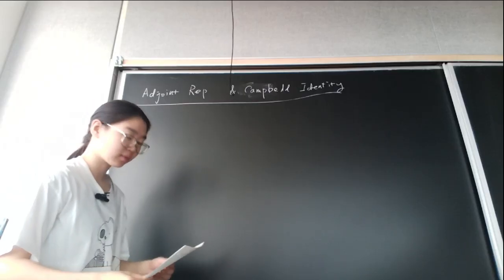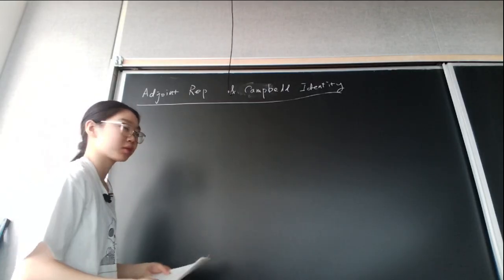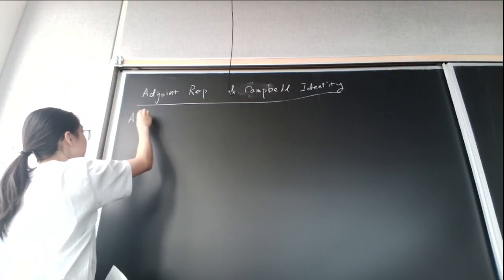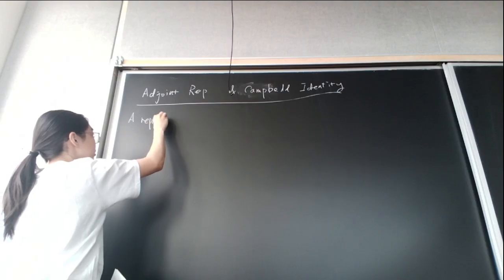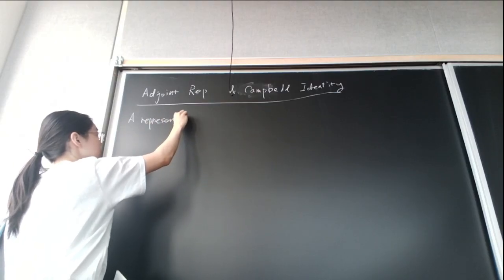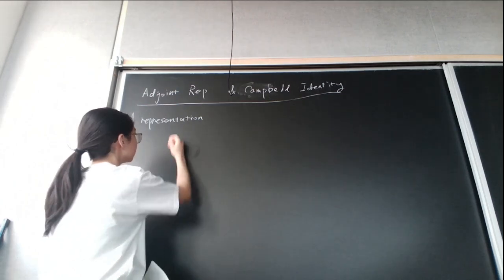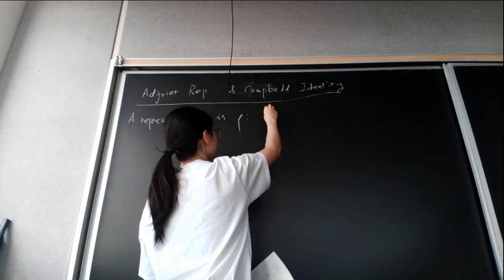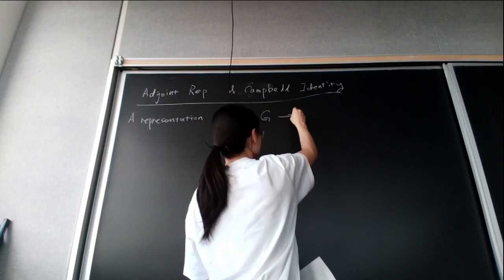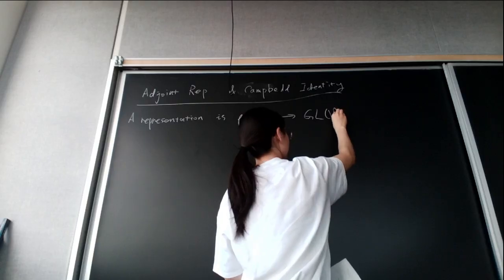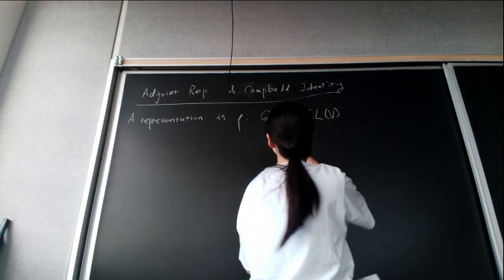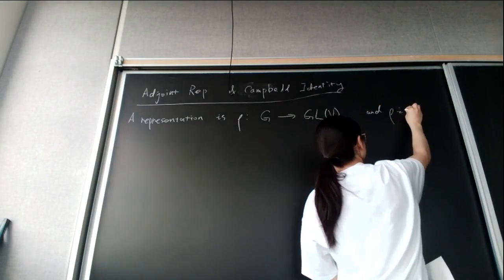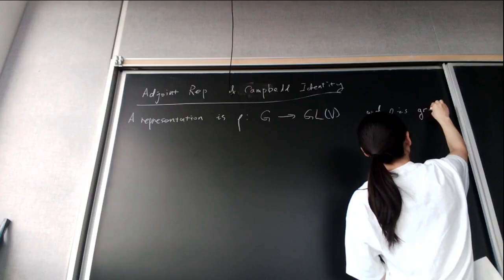Okay. Let's just recall the definition of what a representation is. Rho is a map from a group G to GL(V), where V is a vector space, and rho is a group homomorphism.